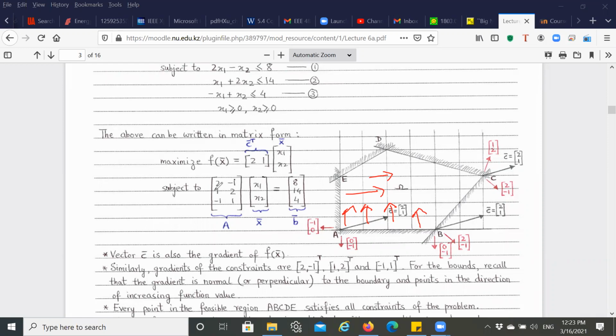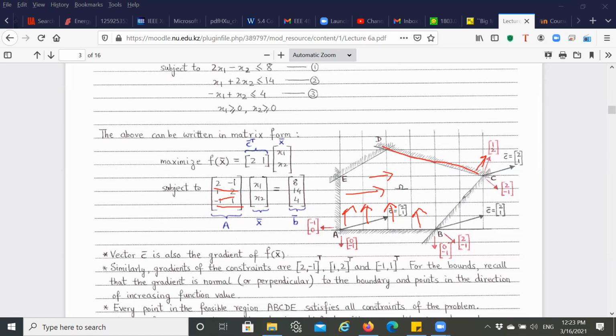We have written the constraints also in this form. We have 3 gradients: 2, minus 1; 1, 2; minus 1, 1. So if you look over here, 2, minus 1 is the gradient of constraint 1, which I told you is this line. 1, 2 is the gradient of this line. So the second constraint is this line, which we drew over here, and the gradient would be in the increasing direction. And minus 1, 1 is, where is minus 1, 1? Well, obviously this guy.